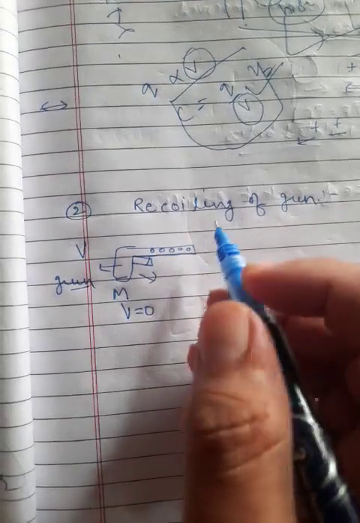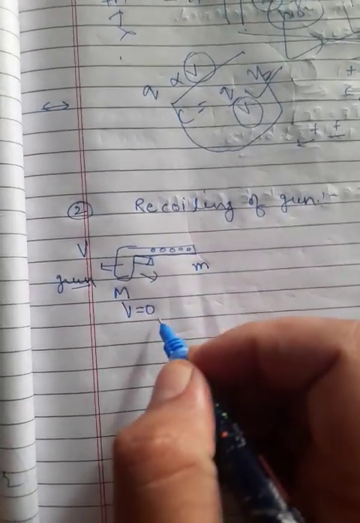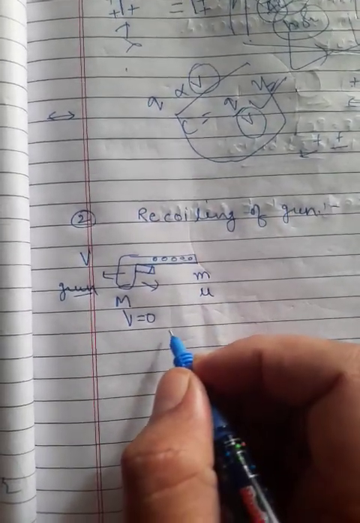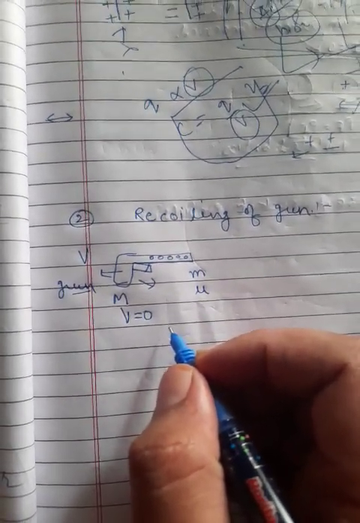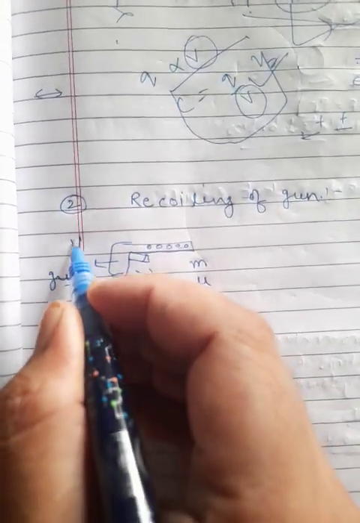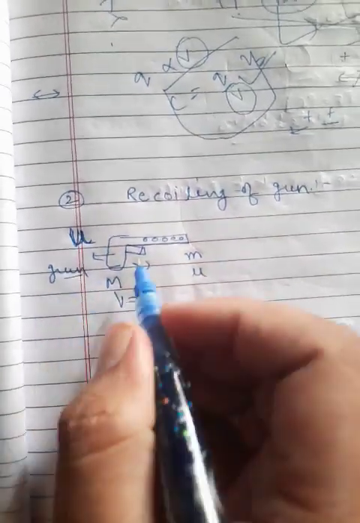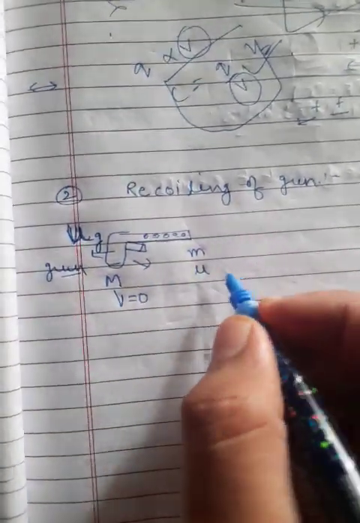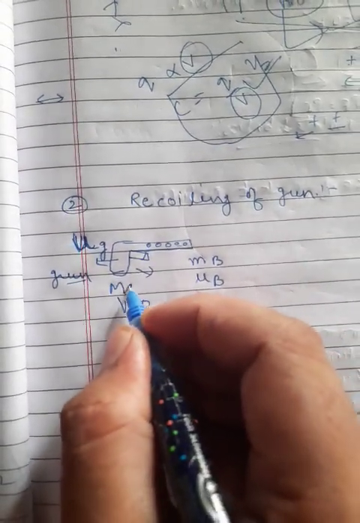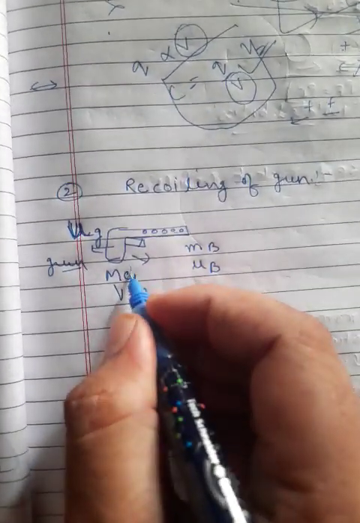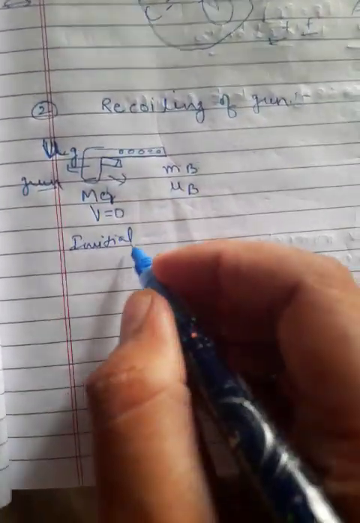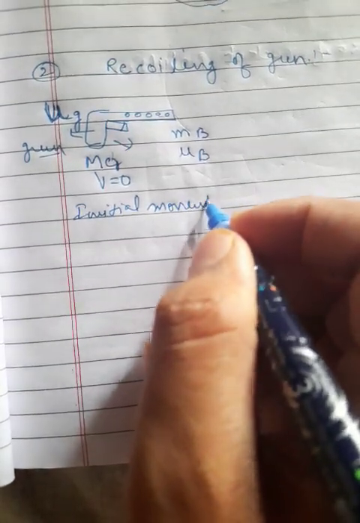Now we will talk about the bullet. For the bullet, we will take small m, and when the bullet comes out its velocity will be U. So we can say initial momentum, momentum means what?